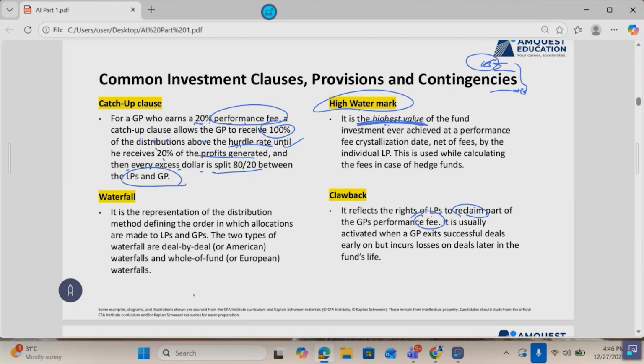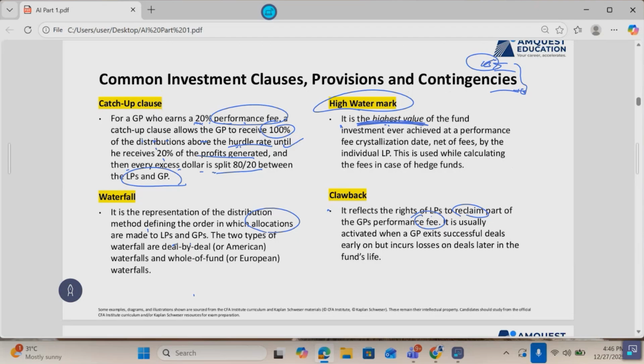So, catch-up we know, watermark, clawback you know. What is waterfall? Waterfall is a method of distribution, in a certain order in which allocations are made to LPs and GPs. So a waterfall mechanism is where the distributions go to this person, then this person, top to bottom, like how water is falling.